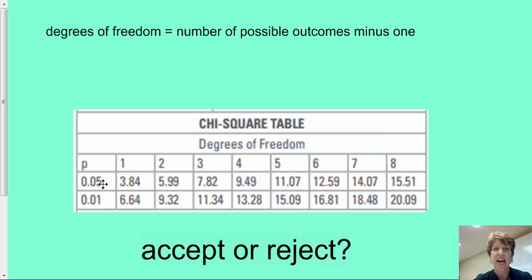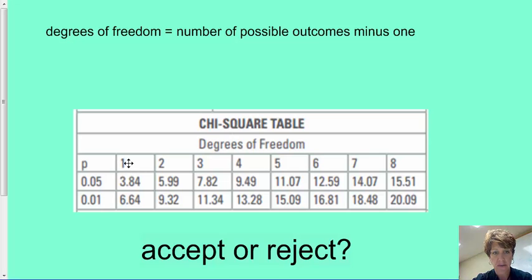And you can think of that as like, I'm 95% certain that this was due to chance. So to be 95% certain that it was due to chance that I got 43 and 57 when I should have gotten 50-50, my value would have to be less than the critical value listed here.